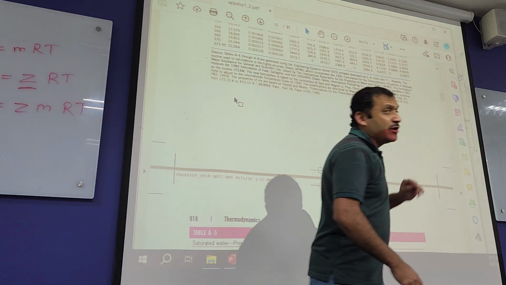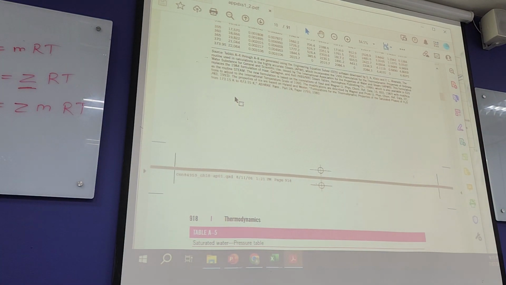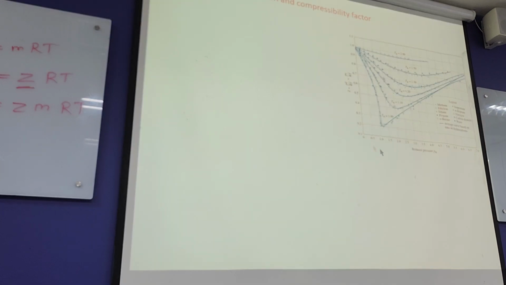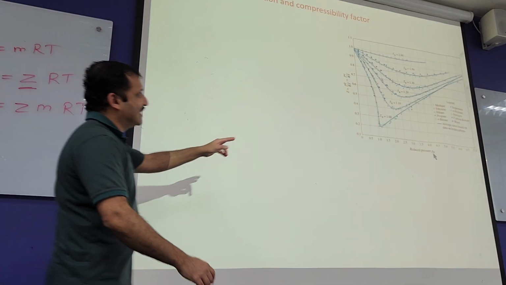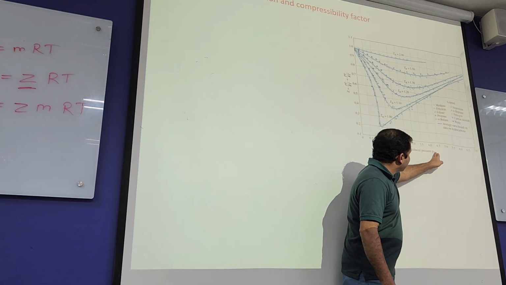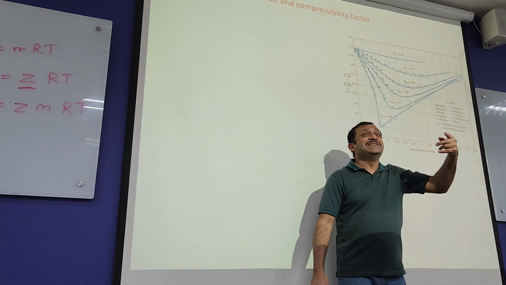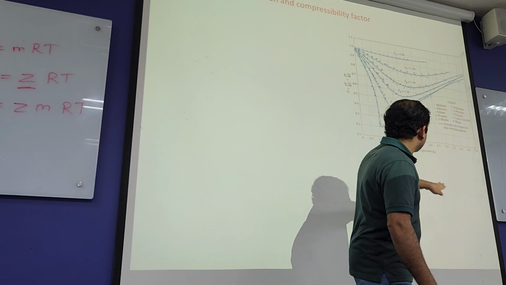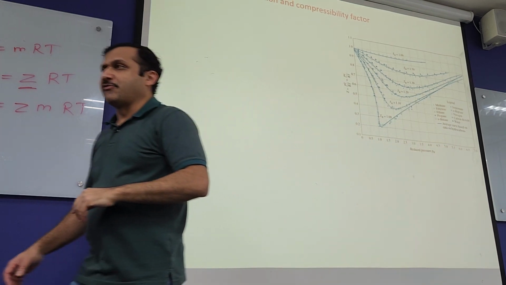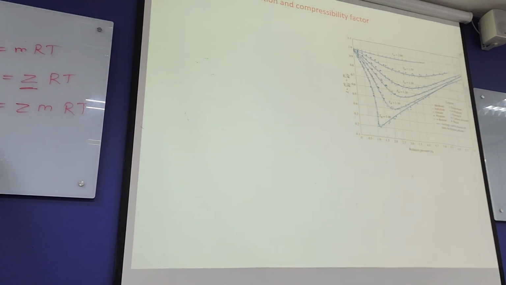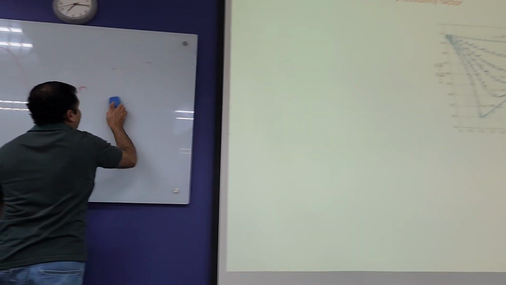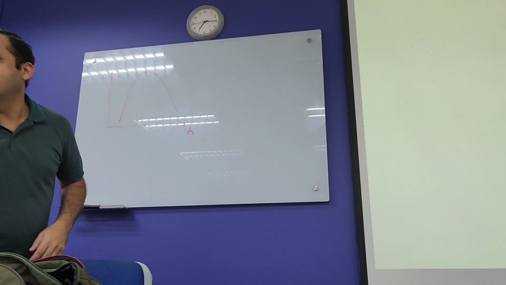Now, going back to the reduced pressure and reduced temperature, the way these numbers are calculated for any given gas: reduced pressure is the ratio of the actual pressure of the gas divided by the critical pressure of that gas.